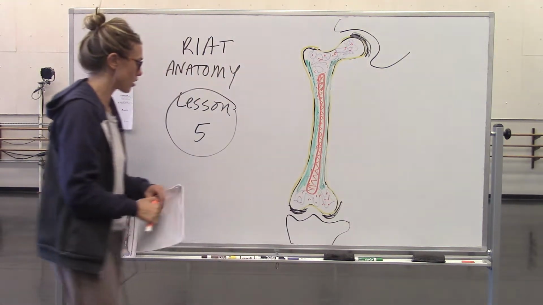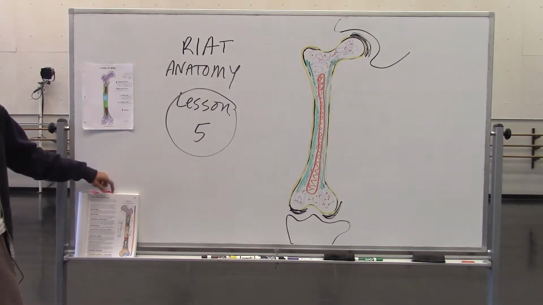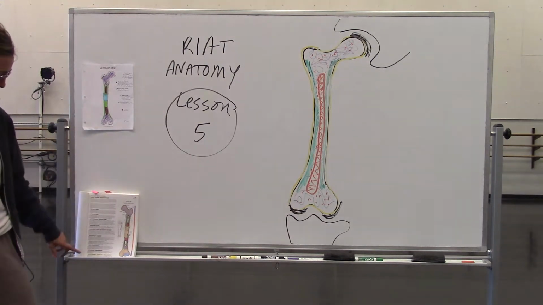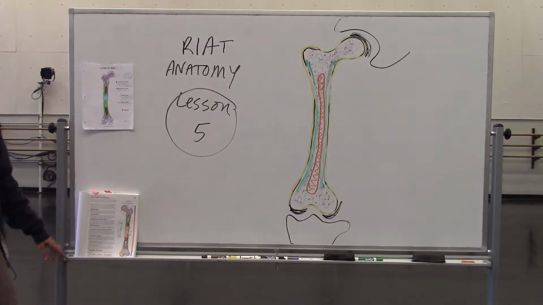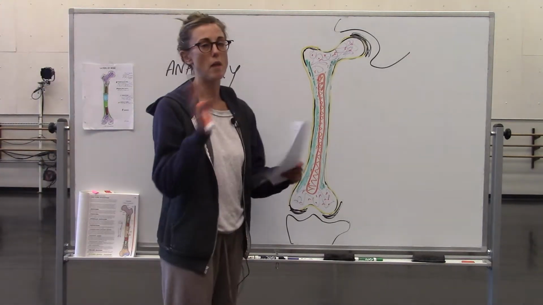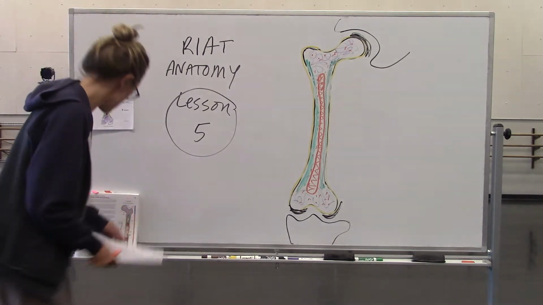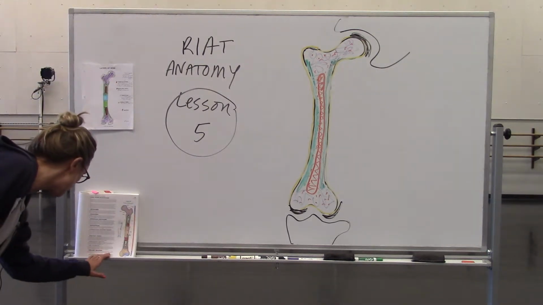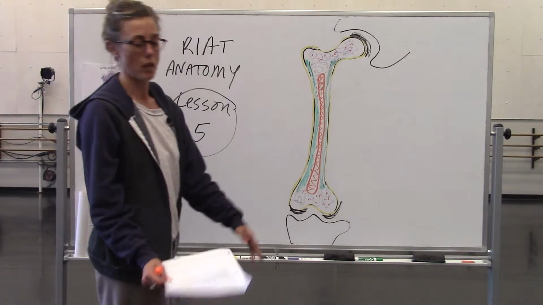In the anatomy book, it distinguishes between red and yellow marrow, saying that the red marrow is the kind that makes blood, and that yellow is a fatty connective tissue that doesn't make blood.